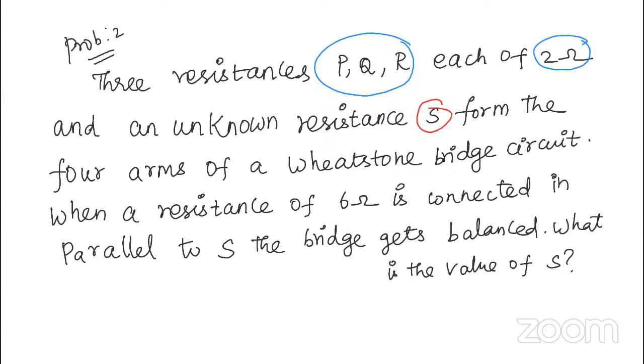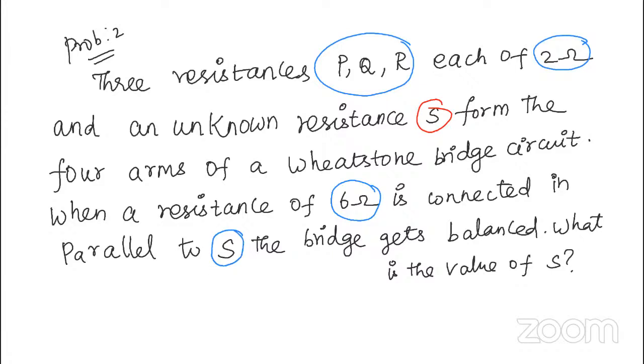So these 4 resistances make the 4 arms of the Wheatstone bridge. Look at where the 6 ohm is connected. It is connected parallel to the resistance S.